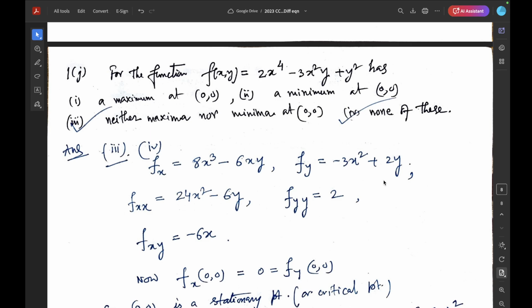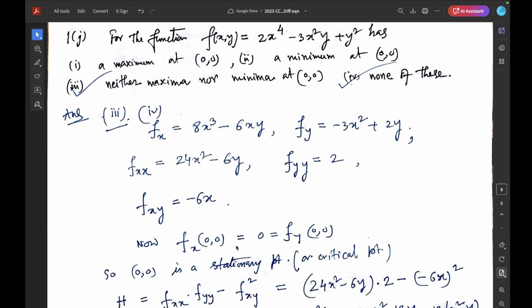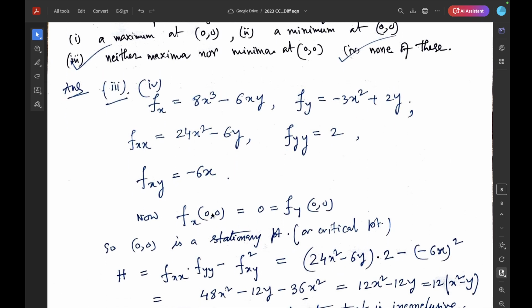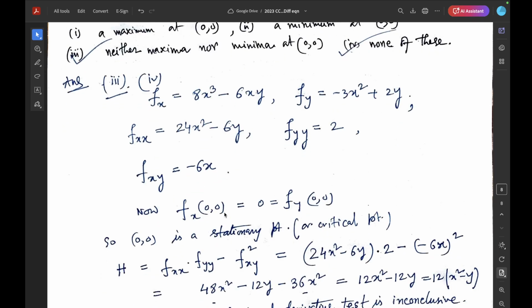To find extrema, that is maxima or minima, first we find del f/del x, del f/del y, del²f/del x², del²f/del y², del²f/del x del y, the first order and second order partial derivatives. For a stationary point, we must have del f/del x equal to 0 and del f/del y equal to 0. So it is obvious that (0,0) is the stationary point or critical point.